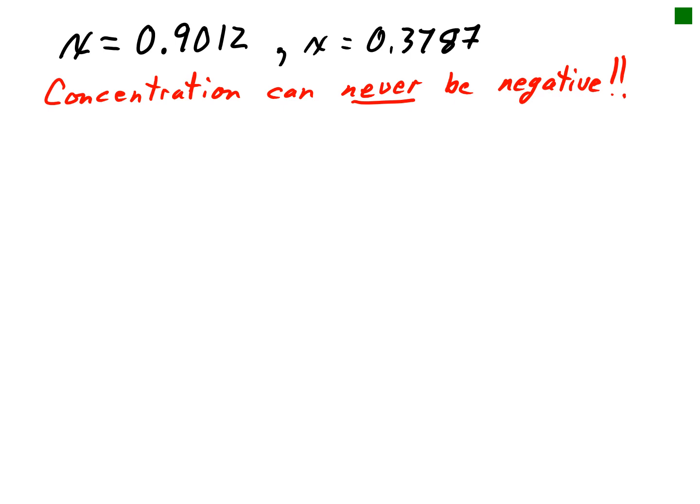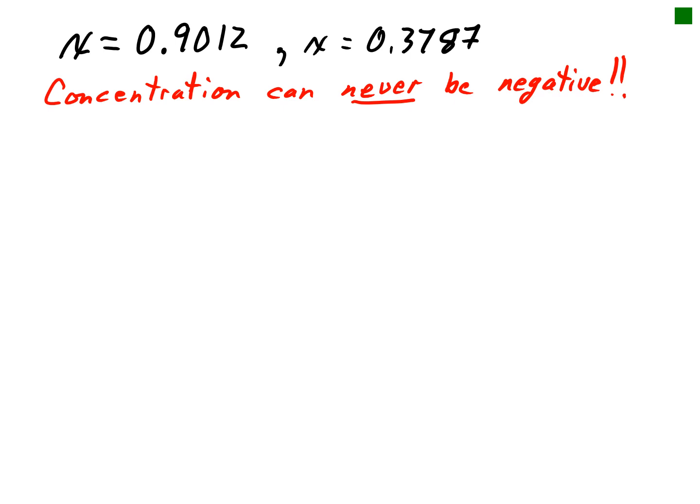I know what a positive concentration is. I know what having no concentration is, but I have no clue what it means to have less than nothing in my solution. So you can't have negative concentrations, which means I've got to go back to that equilibrium line.